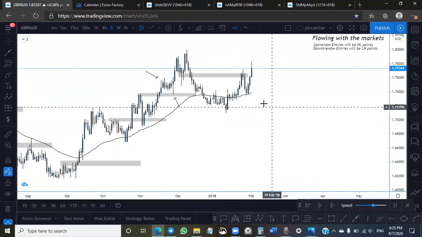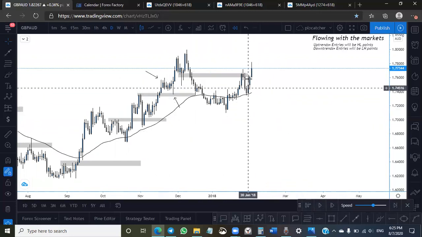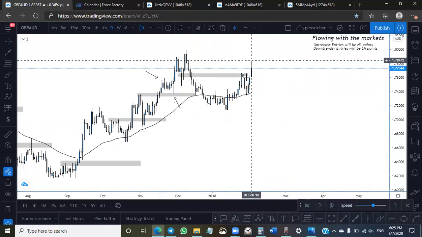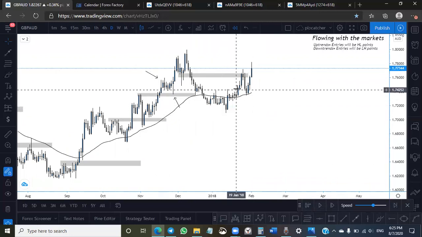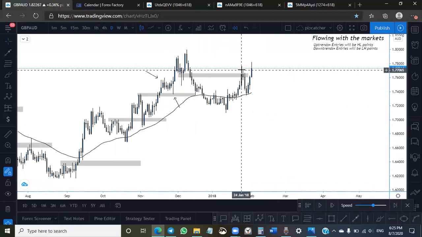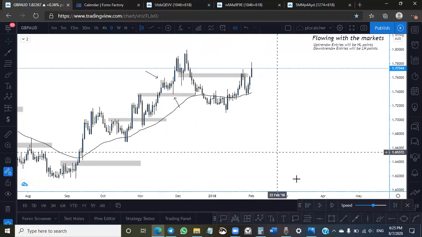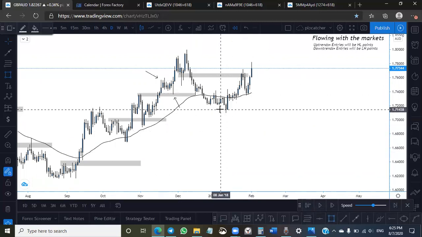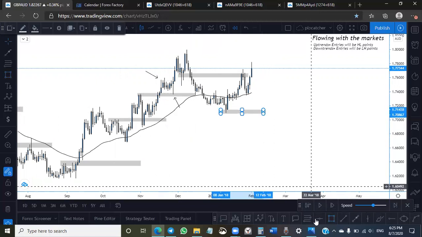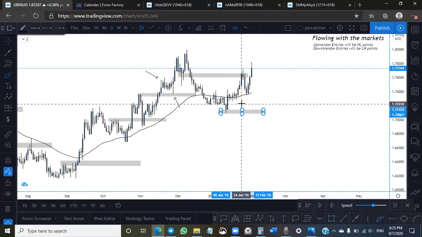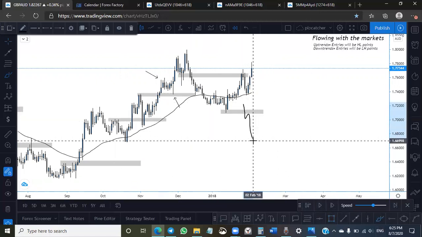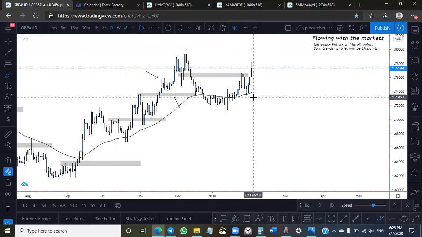Here's another reason why I want to play this out more, is because we didn't break lower than this area here, right? We didn't break lower than this. The market didn't come lower and retest in that area here.